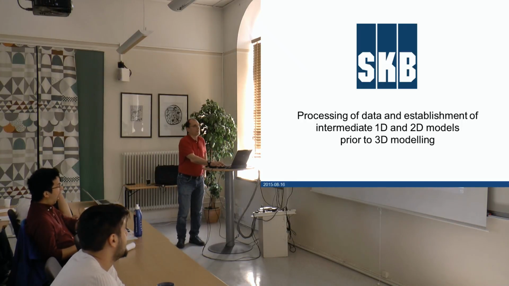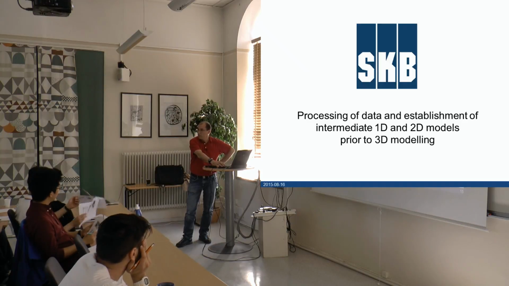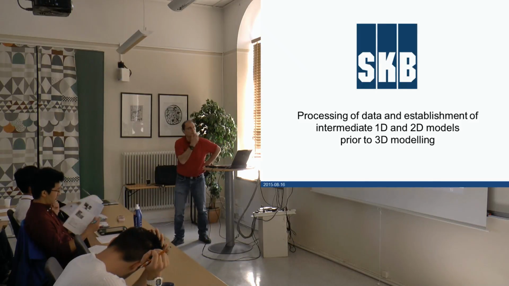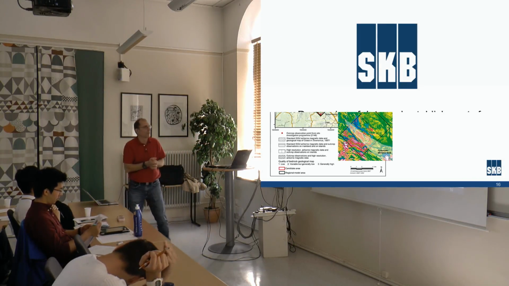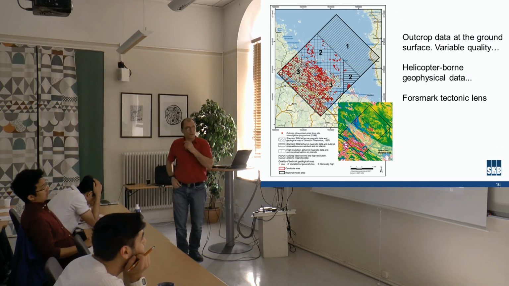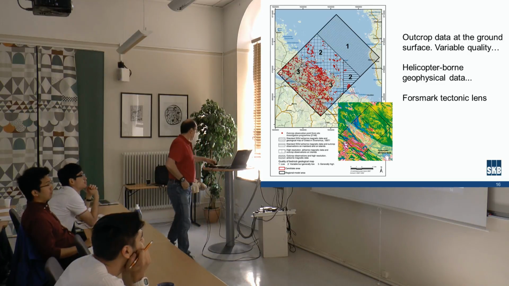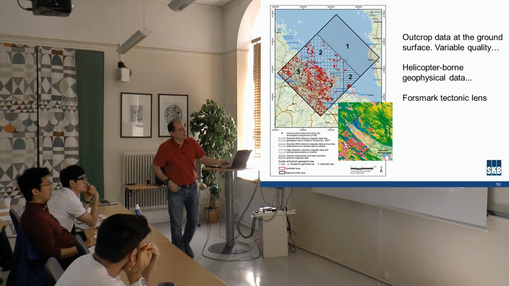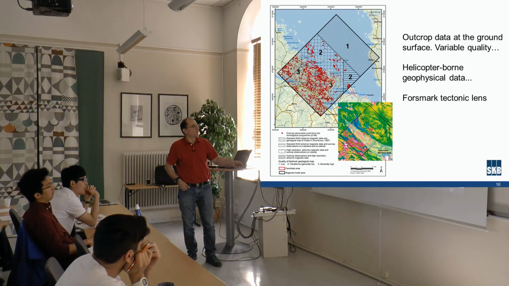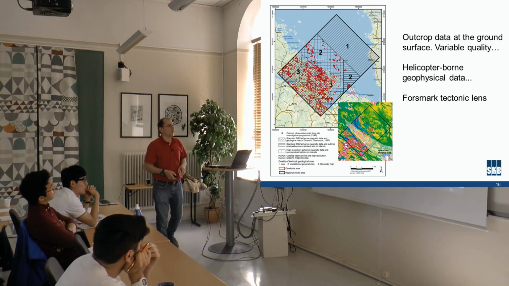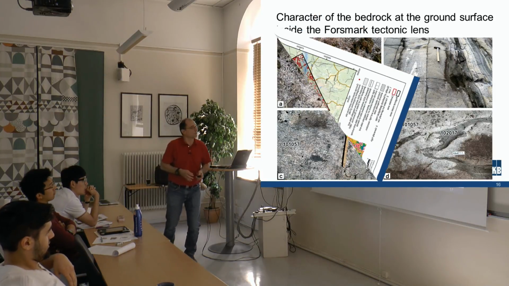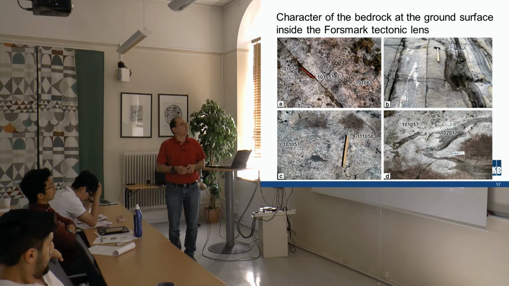So, how do we process data? I haven't talked much about that. I have talked about the models and certain things, but how do we make those models? First of all, this is outcrop mapping. So the outcrop mapping together with a geophysical aeromagnetic map, we make the bedrock mapping, the ground surface.